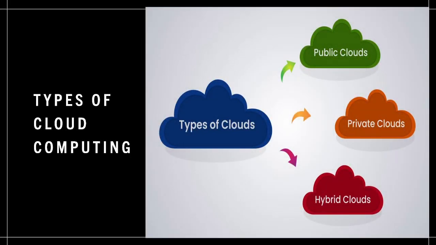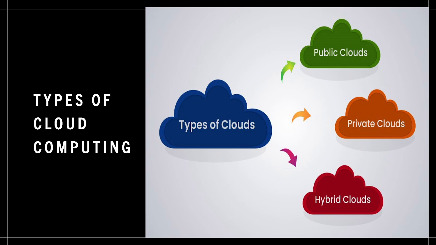Also, there are types of cloud computing. Generally there are three types: public cloud, private cloud, and hybrid cloud. Public cloud is where services are hosted by a third-party provider and shared among many users. It's cost-effective and highly scalable.